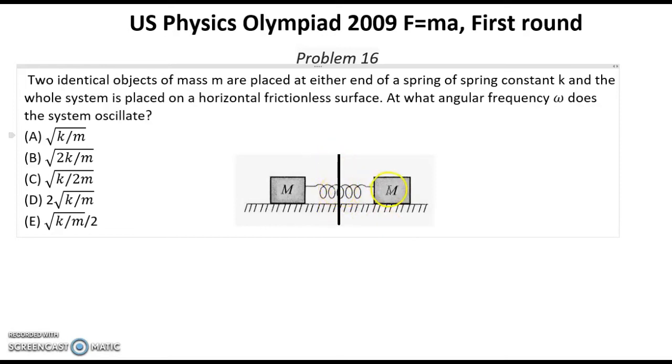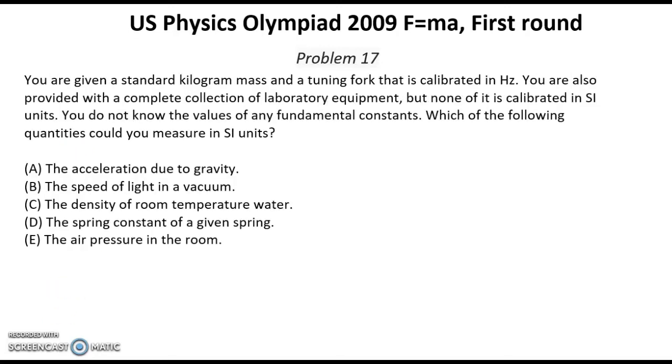It means that on the right we have a system with the mass and a spring with constant 2k, and on the left the same thing. So both masses will oscillate with omega equal to the square root of 2k over m. The correct answer is B. Problem number 17.